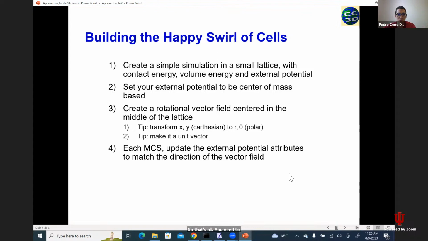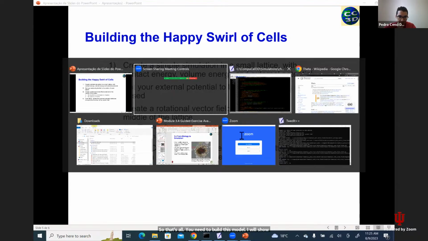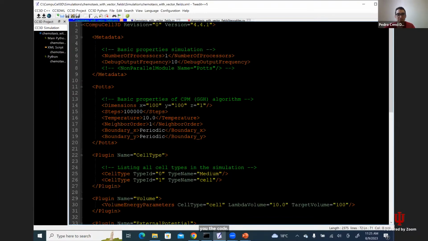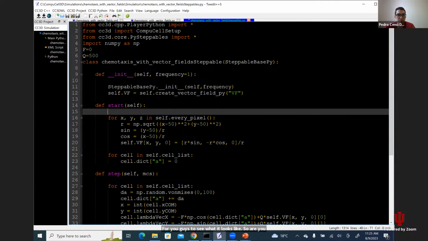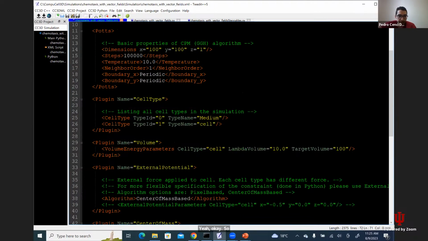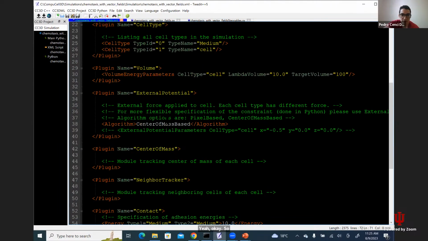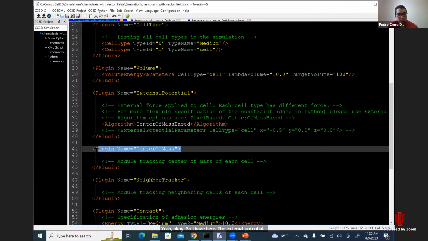I will show you the code for you guys to see what it looks like. So are you seeing the code or not? Yeah, okay. So I have here the external potential. I have to track the center of mass as well. Center of mass has to be loaded.